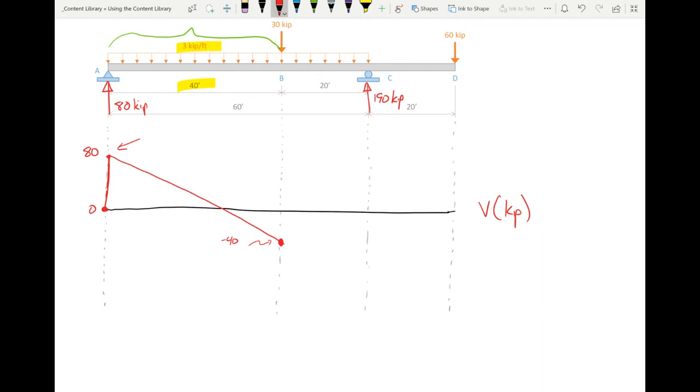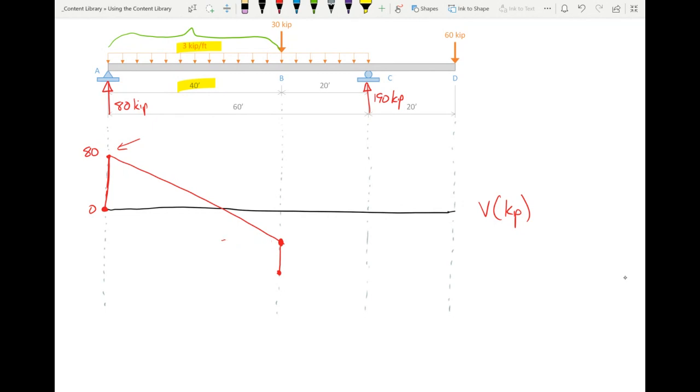Now, what happens right at B? I want to see if everybody's paying attention. I started at 80, dropped down 120 to -40, what do I do next? Go down 30 more immediately to -70. So maybe I'll clean this up a little bit.